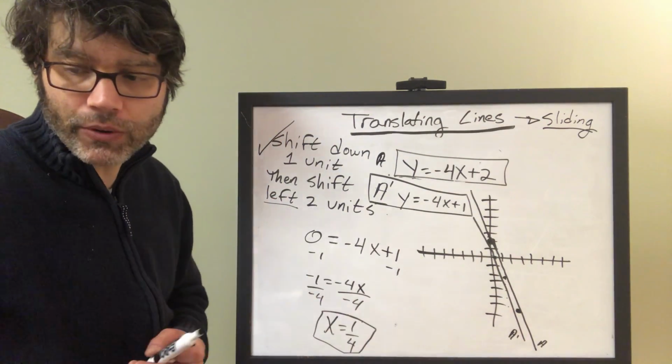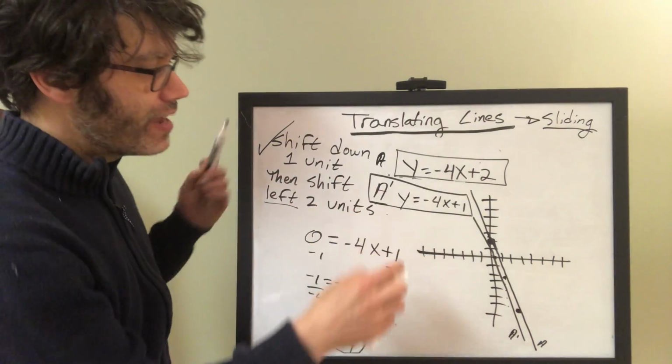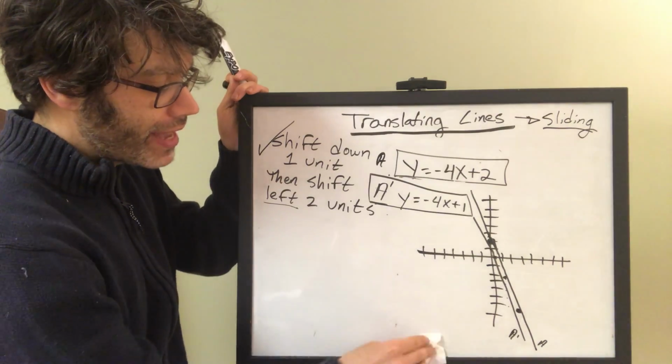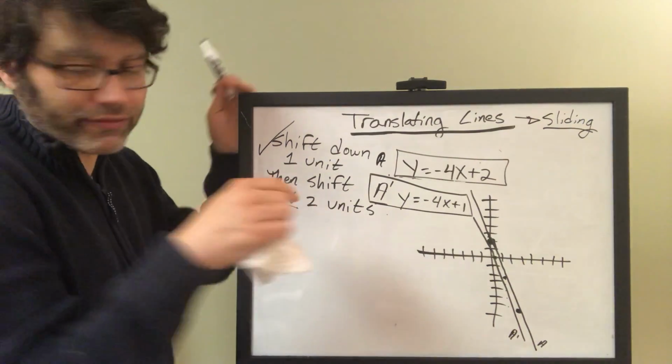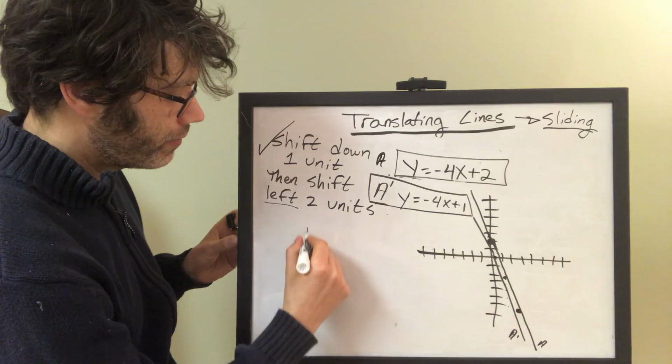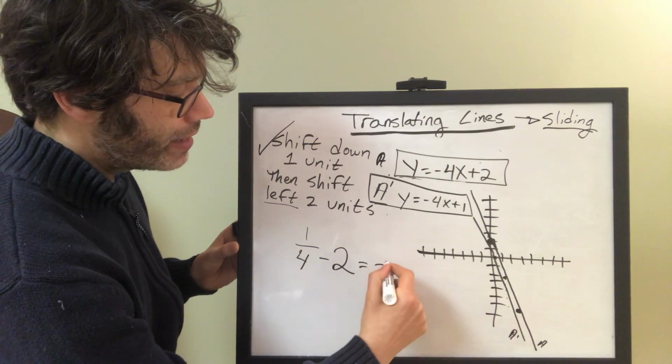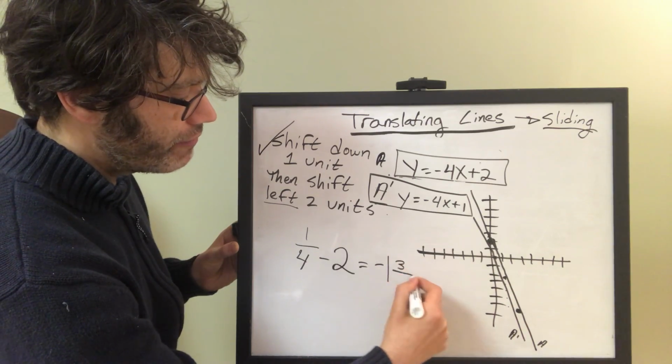Okay, now that we know what the root is of A prime, we can figure out what the root would be of A double prime. It would be 2 to the left. So we would take 1/4, and we would subtract 2, and that would be negative 1 3/4.